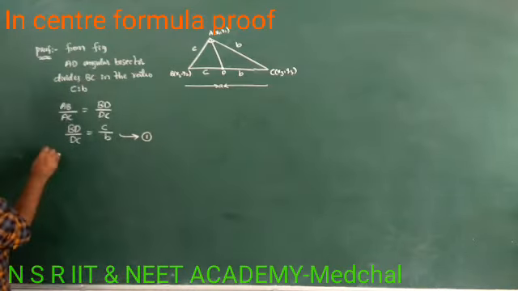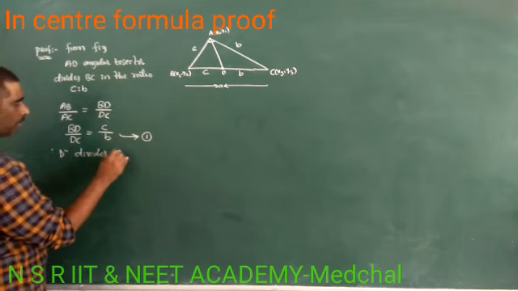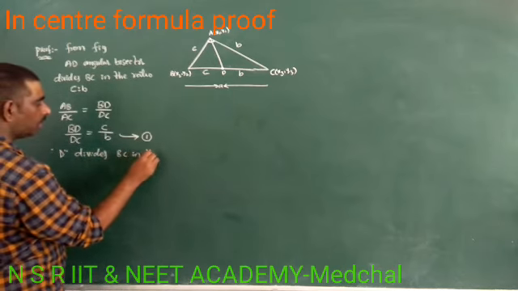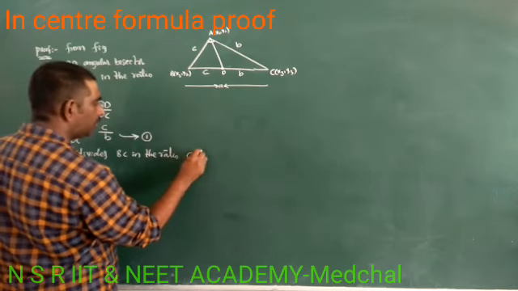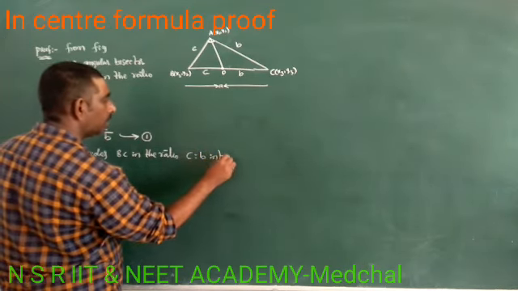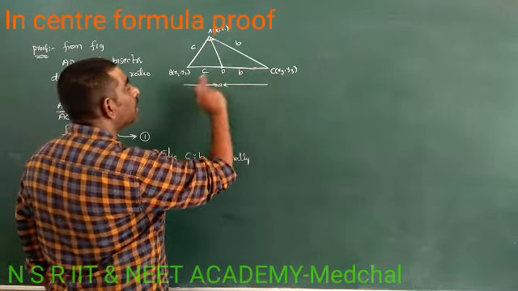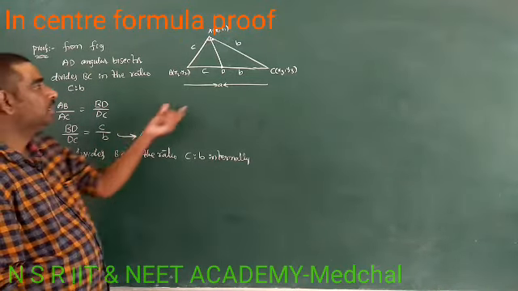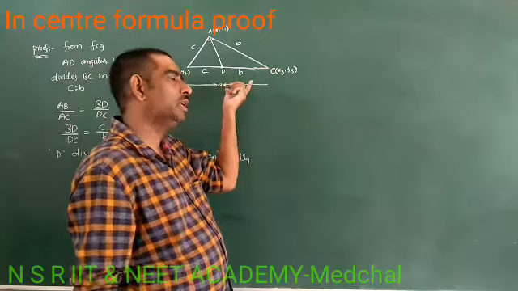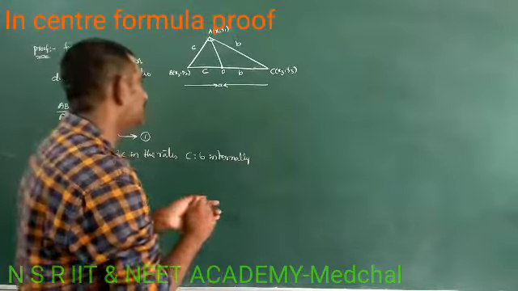Next, D divides BC in the ratio c is to b internally. So apply the section formula for internal division, which we already discussed in the first session.